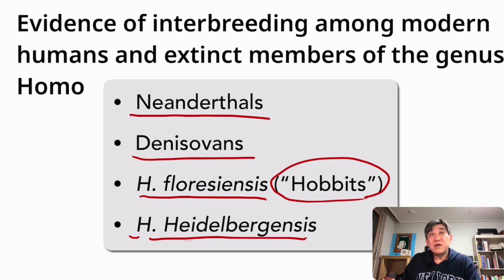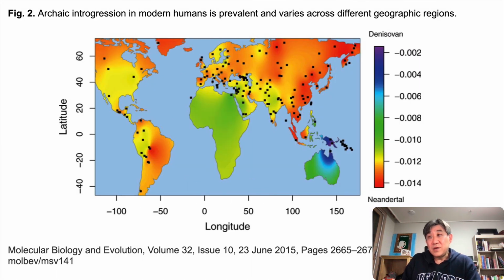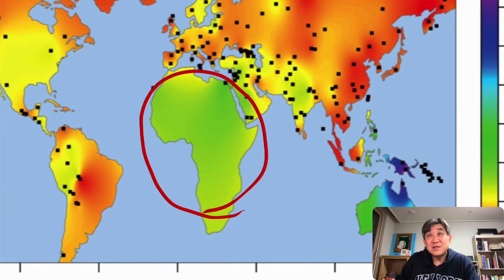So you can actually have this kind of a map. Here, the red end has a larger proportion of the Neanderthal legacy in the genome, and towards the blue area, the Denisovan legacy. On this map, you can find so many remnant traces of such interbreeding. One interesting thing is that in Africa, you don't have any such thing.